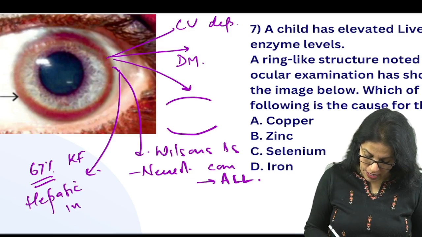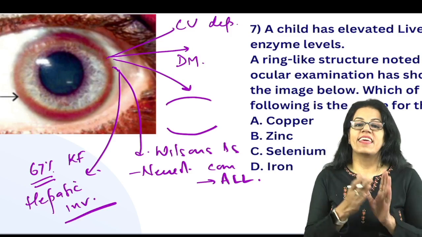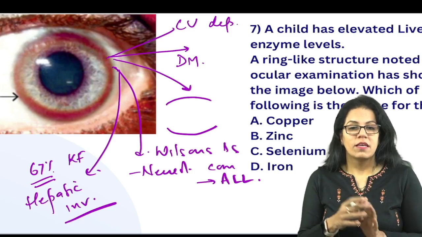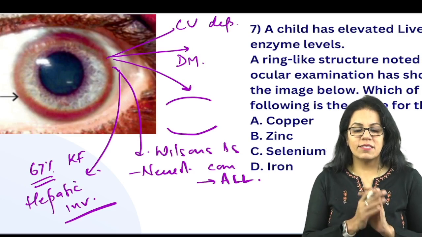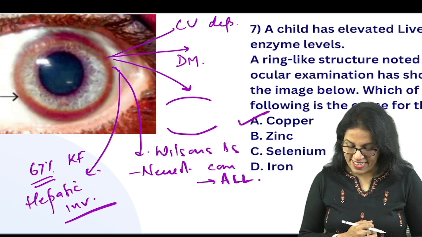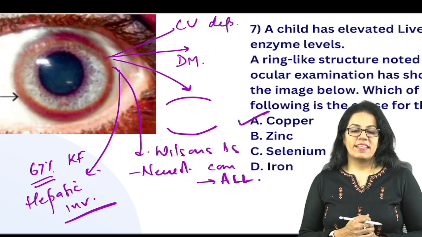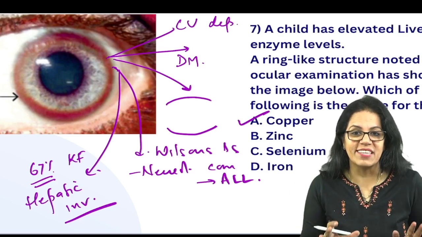So not all patients with hepatic involvement will have KF ring. It is only around 65 to 67%. Right? These are some of the most important points here. So our answer here is copper, right? And that's it. Nothing more. This is it, in and out about the KF ring, that is Kaiser Fleischer ring.